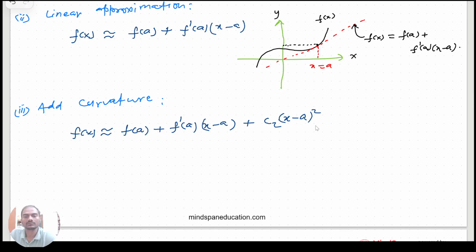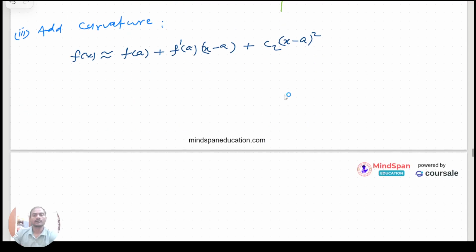We are adding twist in the curve, means turns in the curve. Higher order will give you the turns.